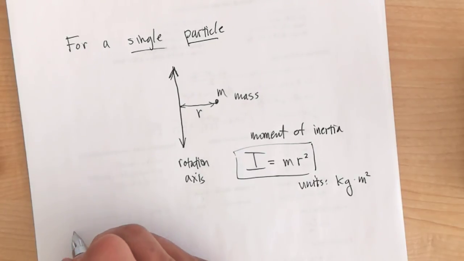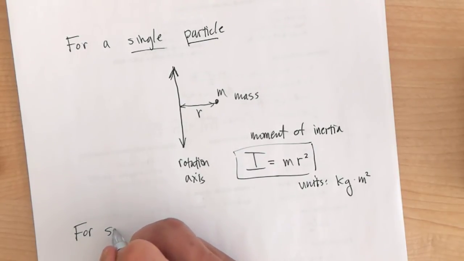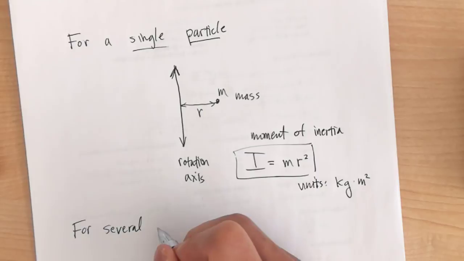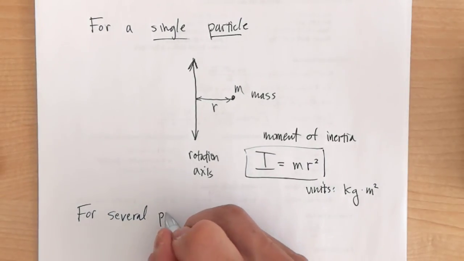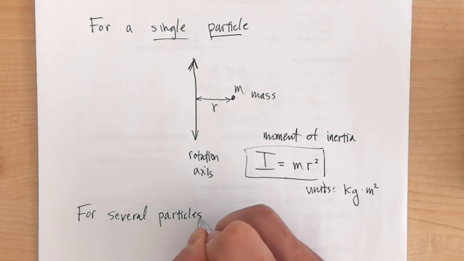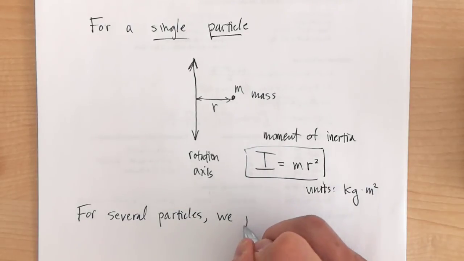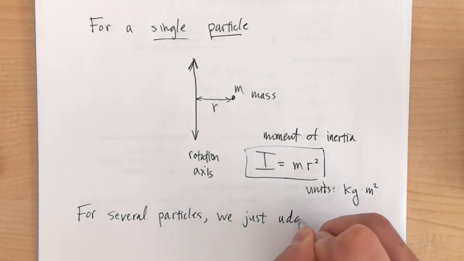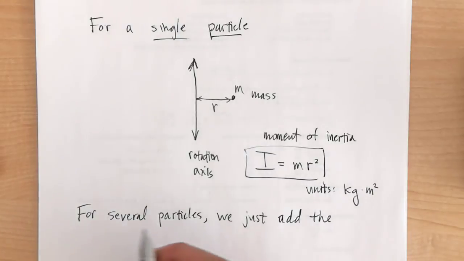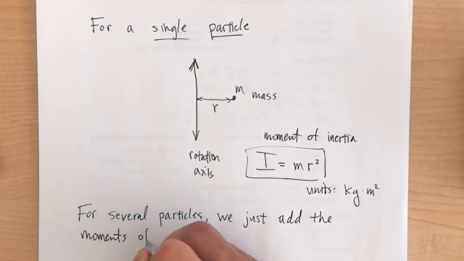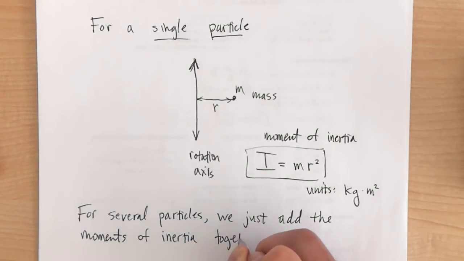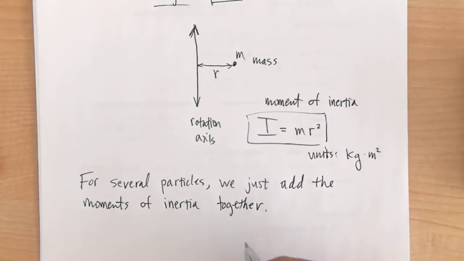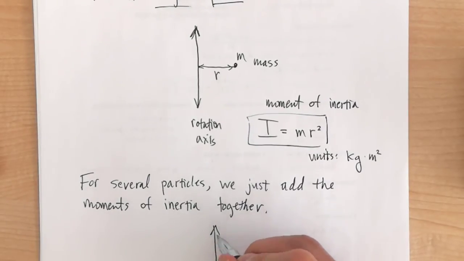Now if I have several particles, we just add the moments of inertia together. So here's the rotation axis.